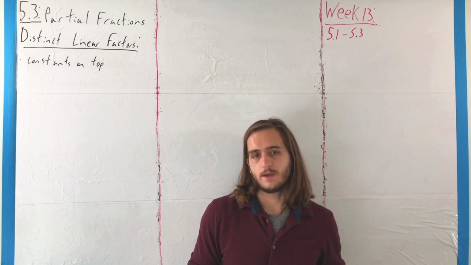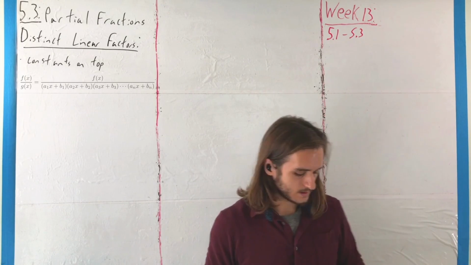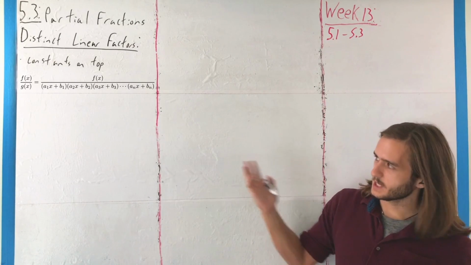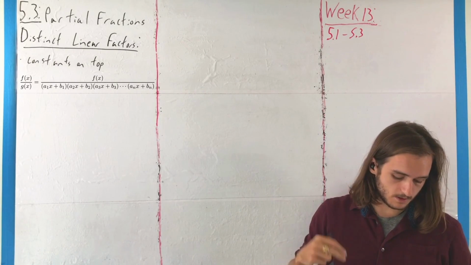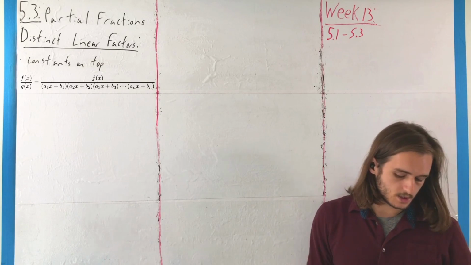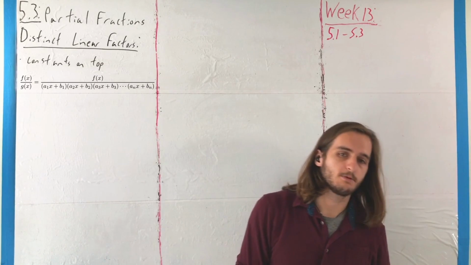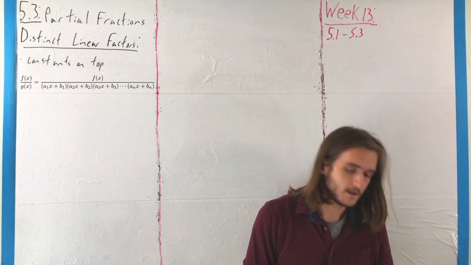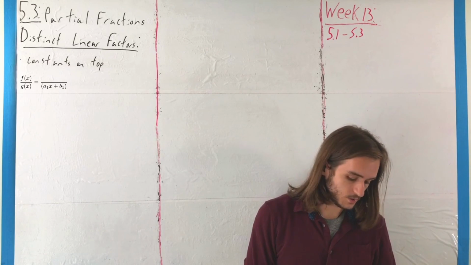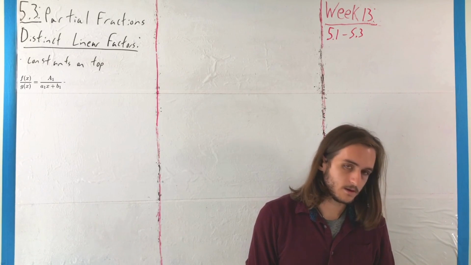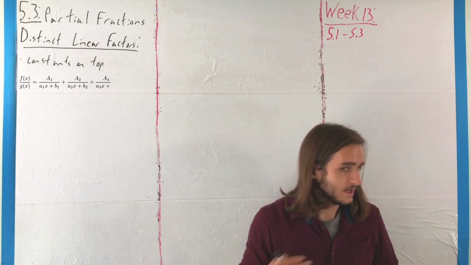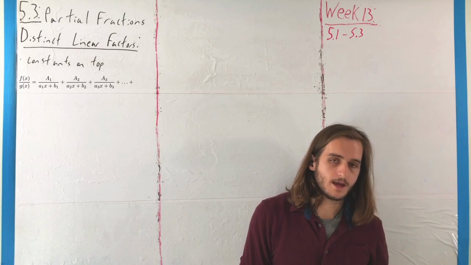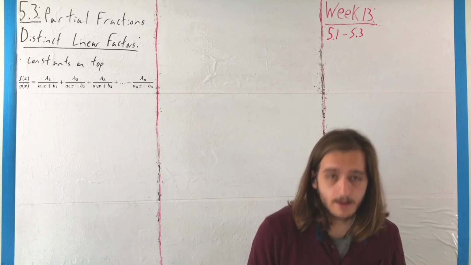Where if we have something like f of x over g of x, where g of x factors very completely into things like a1x plus b1, a2x plus b2, and so on down the line to anx plus bn, if it has n of those terms, then we can split that up into A1 over a1x plus b1, A2 over a2x plus b2, and so on down to An over anx plus bn.